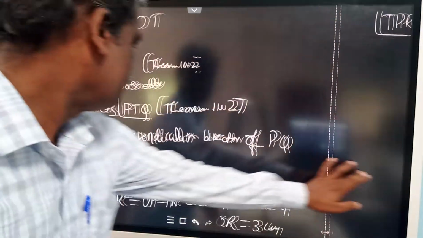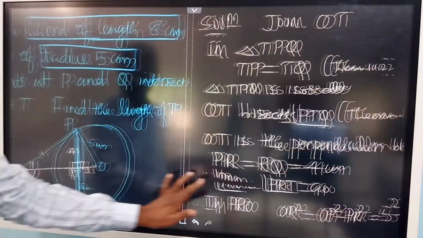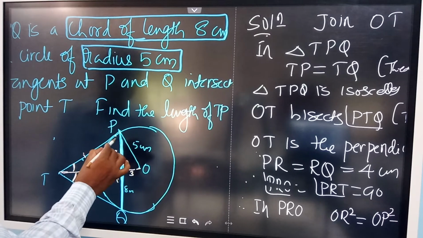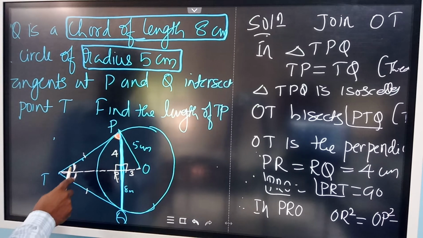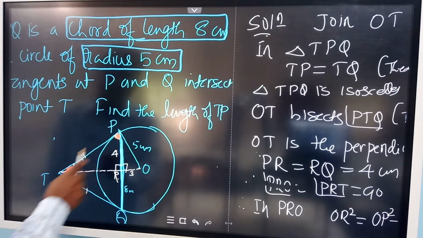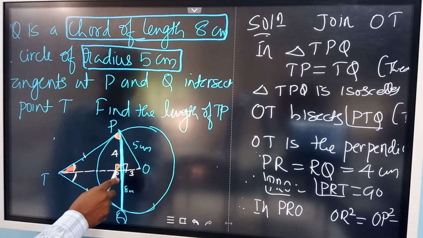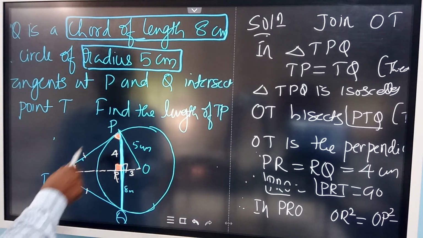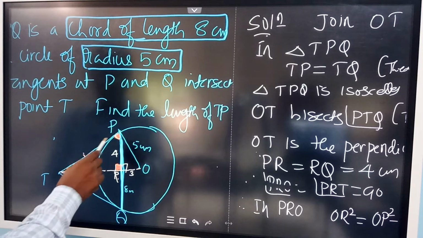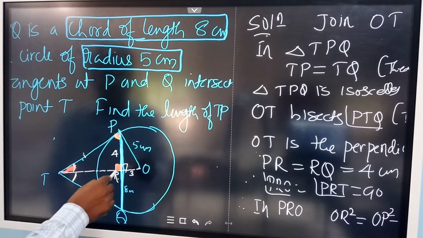And at the same time, I can also write, see, these two angles also 90 degree. So this angle and this angle. Because this is a right angle triangle, this itself is 90 degree. As this angle itself is 90 degree, then the sum of the two angles must be 90 degree. I will write angle TPR, this one, and angle PTR.